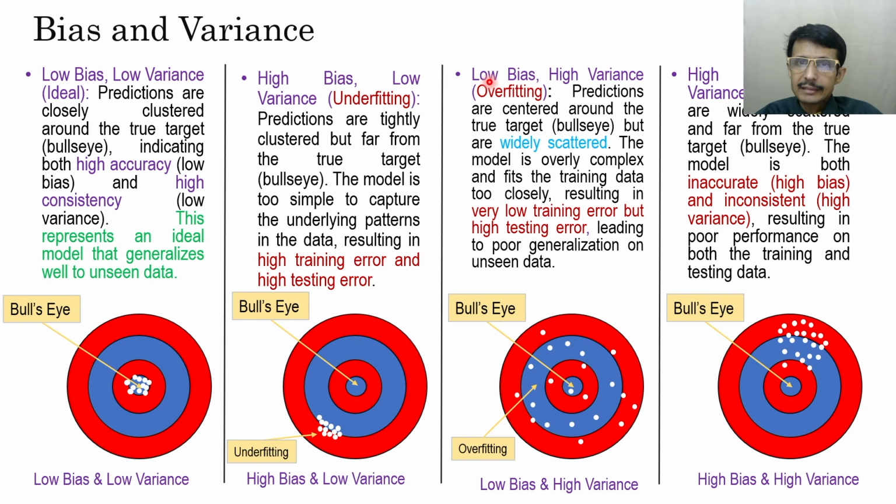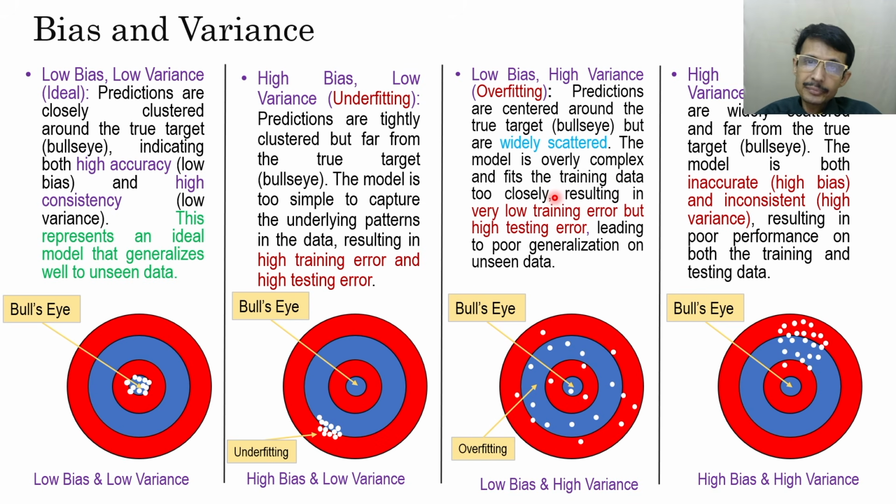Next is low bias, high variance. Now, low bias means that predictions are centered around the bullseye. It is centered, but the predictions are widely scattered. See, these data points are widely scattered. The model is overly complex. The model complexity is very high, and it fits training data very well.